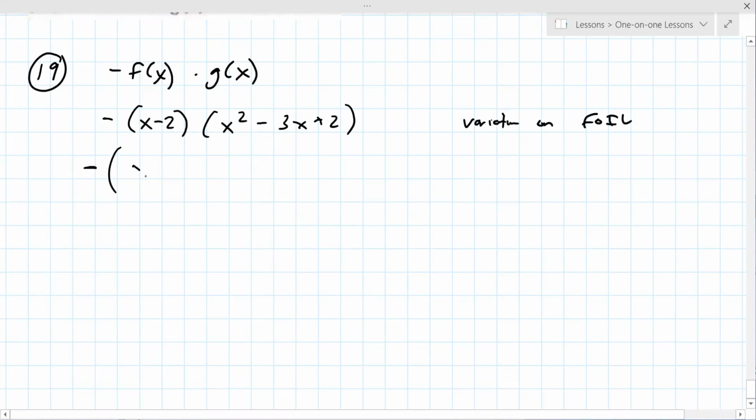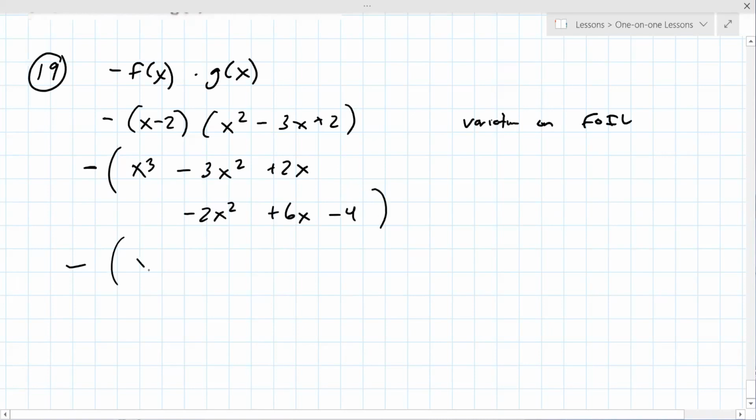So you're going to have x cubed minus 3x squared plus 2x. And then this -2, you can multiply everything, so you have minus 2x squared plus 6x minus 4.